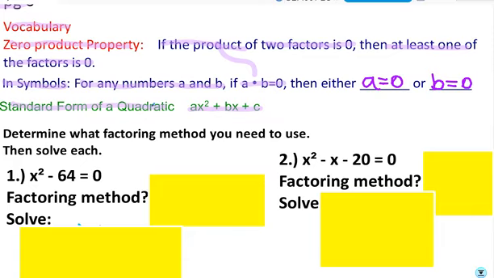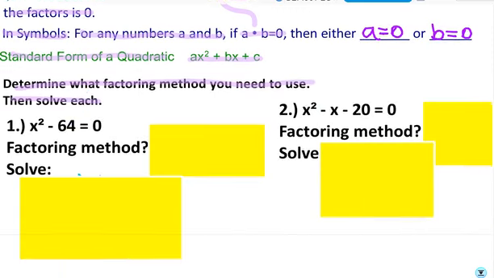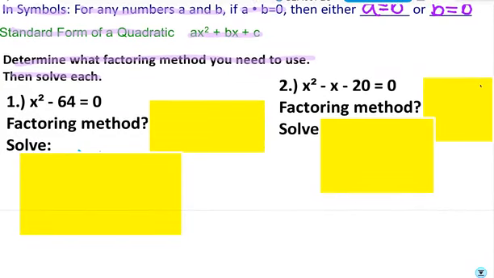Today, using that vocabulary and what we've learned previously about quadratics, we're going to look at 1 through 4, determine what factoring method is most efficient to factor the given quadratic, and then solve the factored quadratic problem.